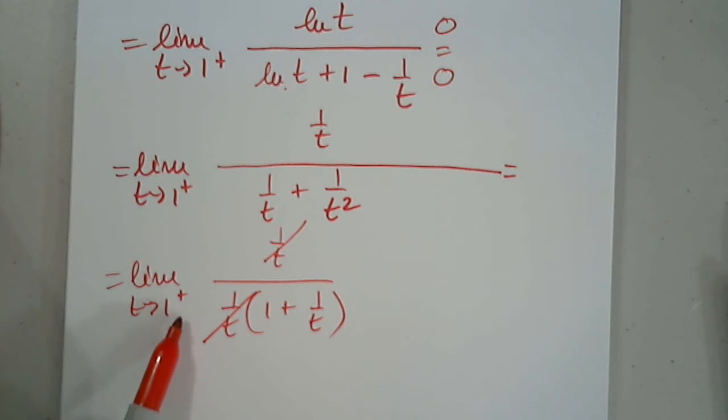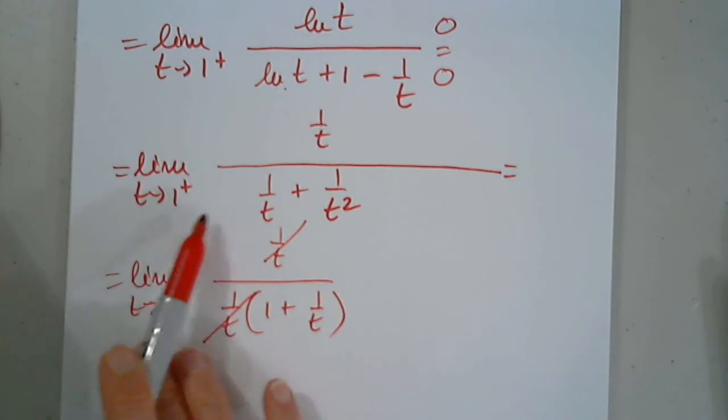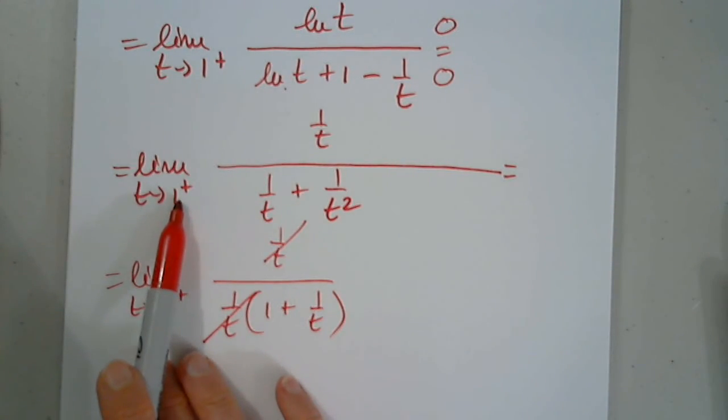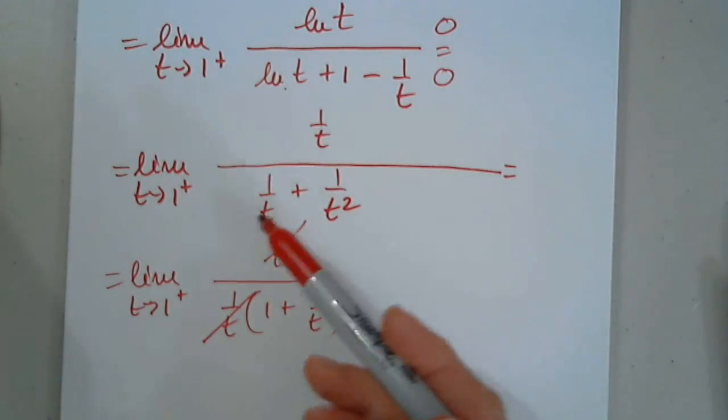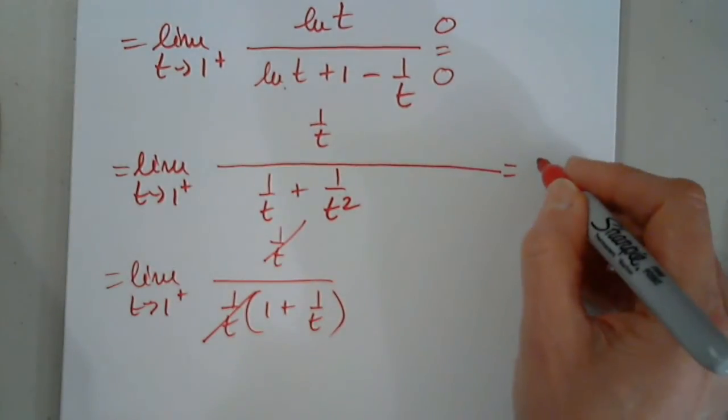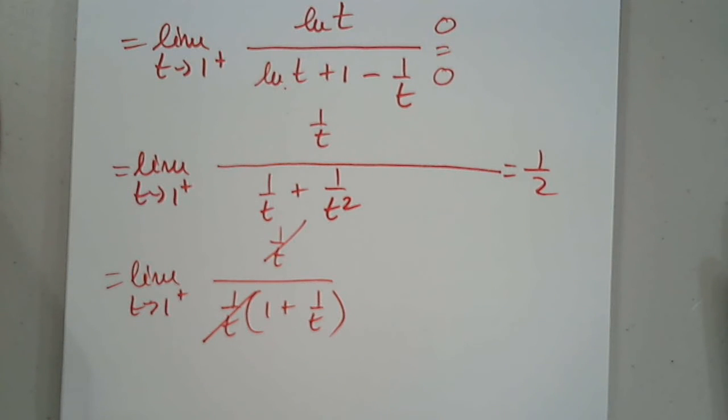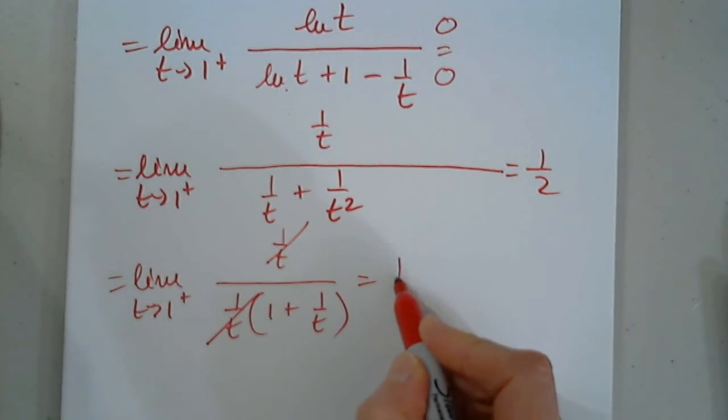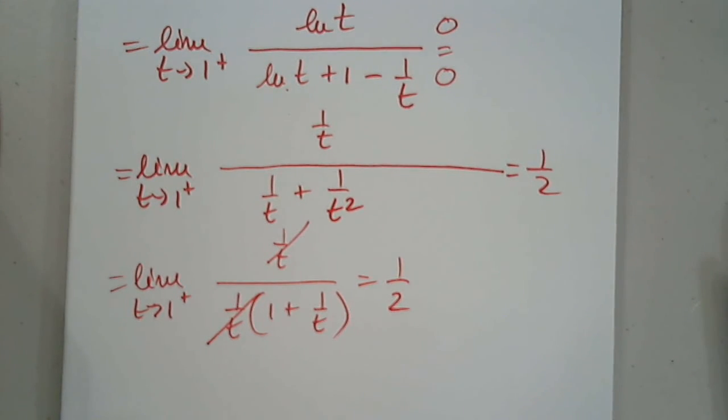Although I don't even need it, because t approaches 1 from the right, the top is 1, the bottom is 2. I don't even need to simplify. I just plug in at that point, and I get the same thing. The top goes to 1, the denominator goes to 2. Good. Anything else?